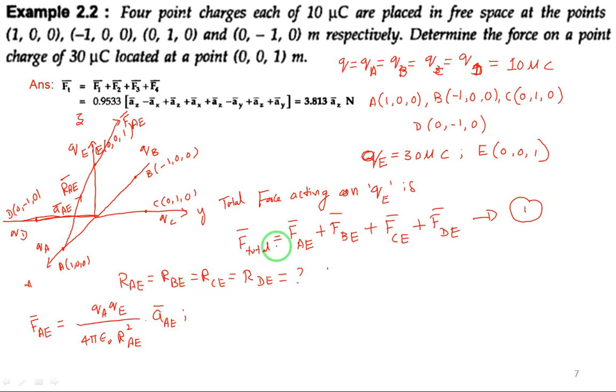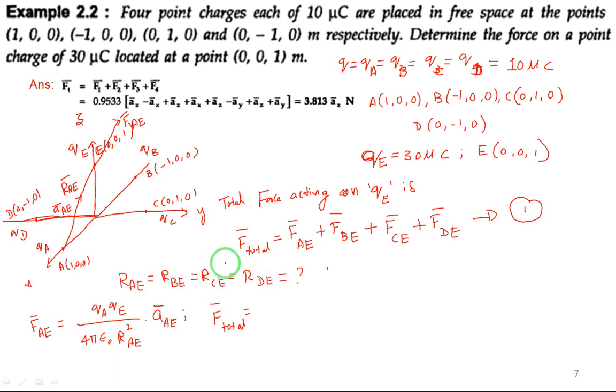I will just tell you: FBE is equal to QB into QE by 4 pi epsilon naught RBE square into ABE. But observe one thing, QA I have taken here. QA is equal to QB is equal to QC is equal to QD. I hope you will understand after writing.